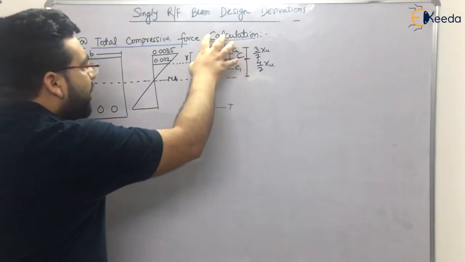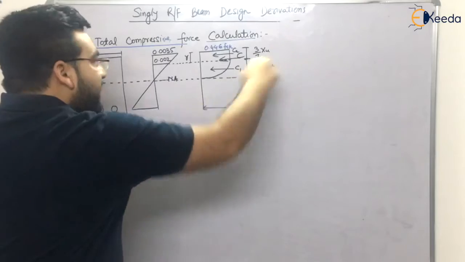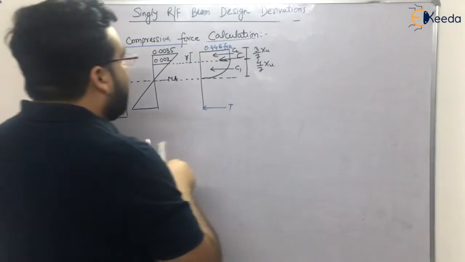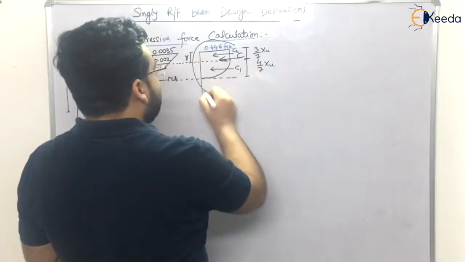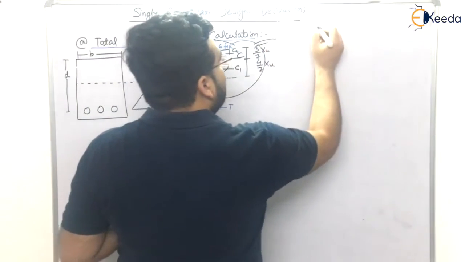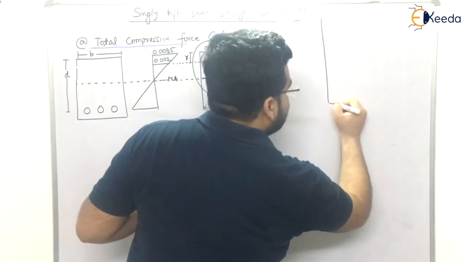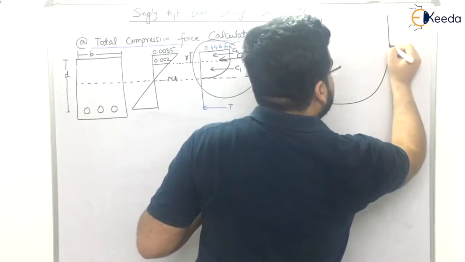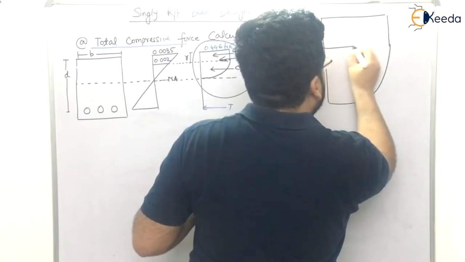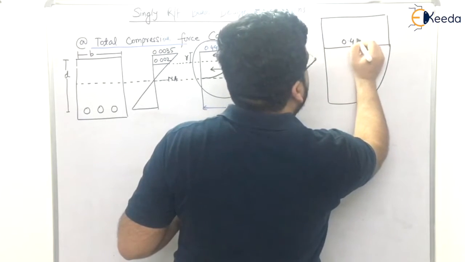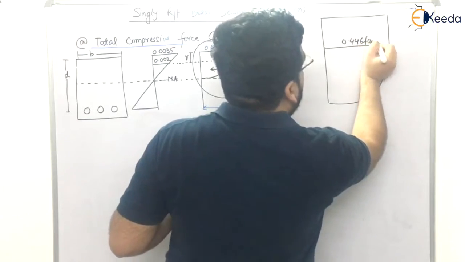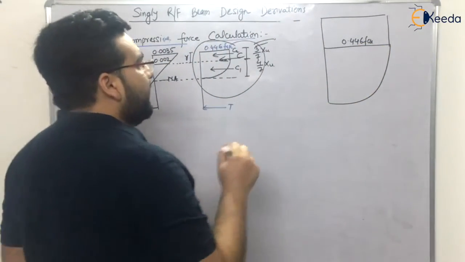What I am going to do is take a zoom of this here and then explain it. Let me draw a zoom of this here. Okay, I am zooming it here. So the diagram is like this: parabola and then straight. This is 0.446 FCK or 0.45 FCK, whatever you want, right?